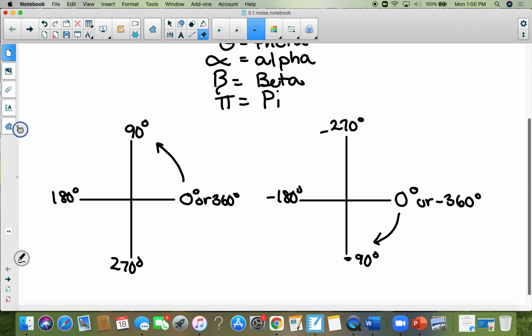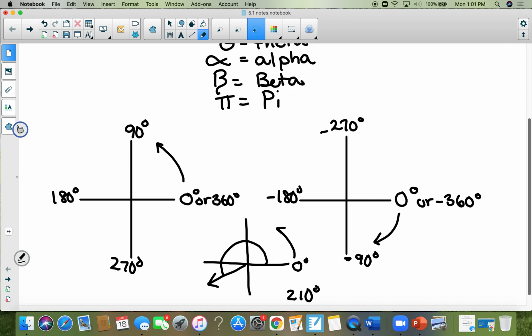So if I asked you, just really quickly, I'll just graph one. If I told you to graph 210 degrees, which is a positive 210, I have to go in this direction, starting here. And basically, I like going here and going 0, that's 90, that's 180. A little past the 180 is 210 degrees. We don't hand out protractors.